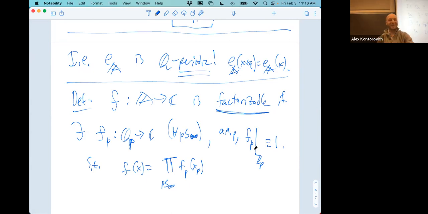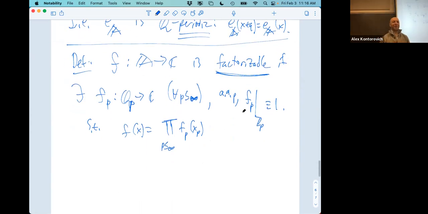That's another definition. But factorizable so far just means that eventually on Z_p, this decomposition evaluates to 1, so that for any given x in the adeles, this is a finite product.